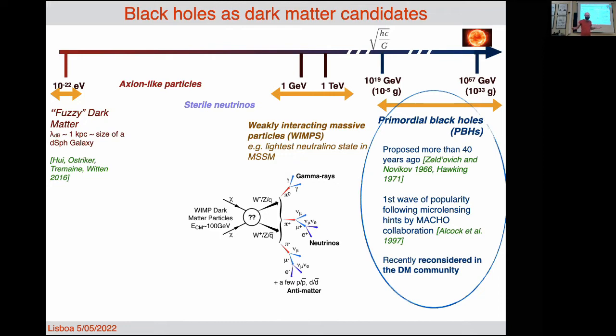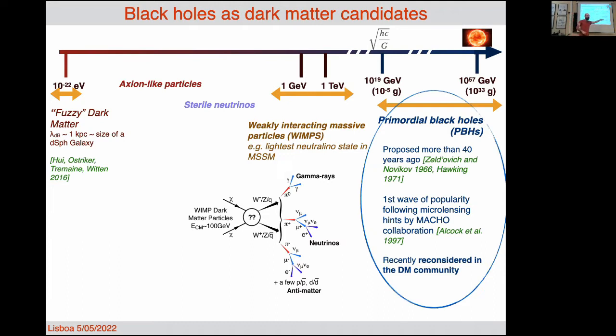We know very little about it. I mean, there are many ideas about what the candidates of dark matter are. We know very well, for example, some of the properties. We know very well the density, both locally and on cosmological scales. There are many ideas that were proposed about the nature of dark matter itself, and I typically show this diagram spanning 90 orders of magnitude, from very light particles to actually primordial black holes.